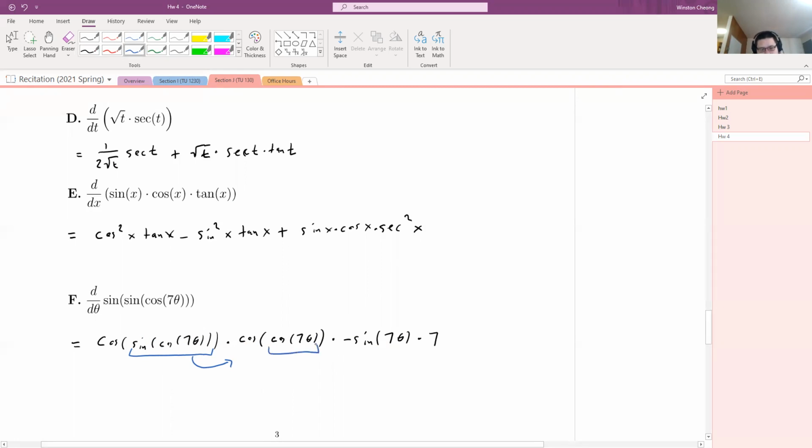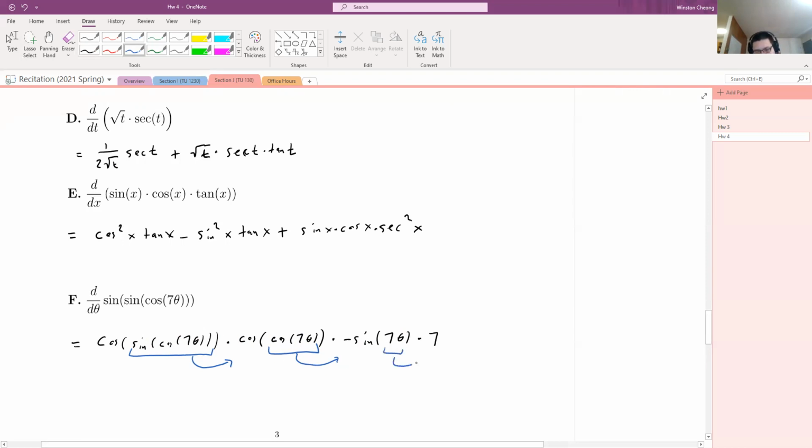And the way we would get that is, well, we would have the outer guy, take the derivative of the outer guy, which is the sine, and you would copy down cosine 7 theta. And then notice this is the inner function for the rest of the chain rule. So it keeps like sort of unwinding itself. This guy, this cosine 7 theta, we would take its derivative, we get negative sine because that's the derivative of cosine, and then we would leave the 7 theta because that's the inner function for this.